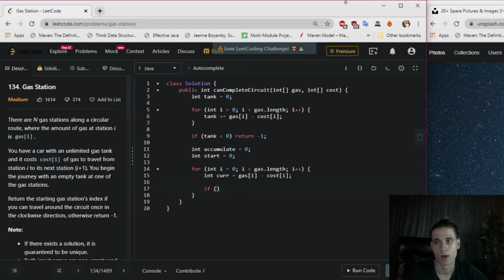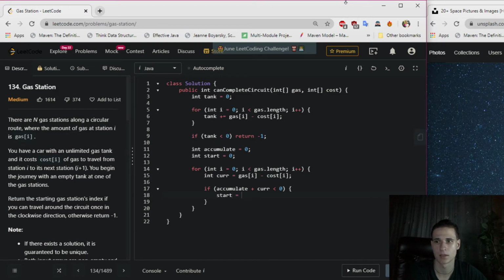And in the case when accumulate, the amount of gas up to this position of I, plus the current gain is less than 0, that means that we cannot start from this station, so we just need to go to the next one.